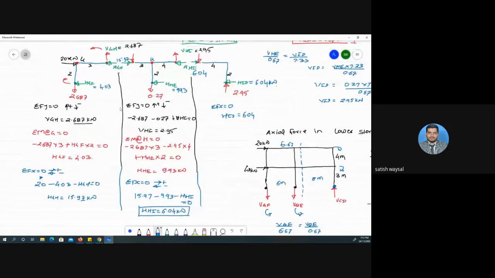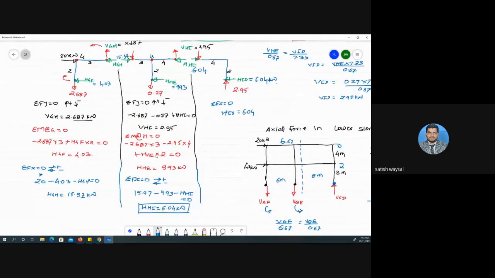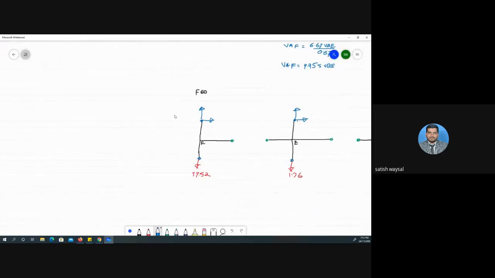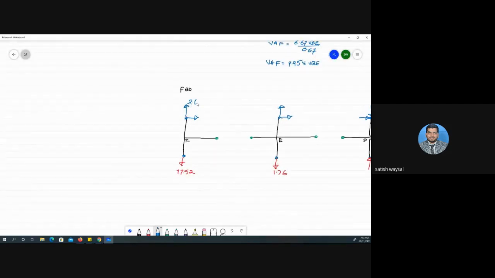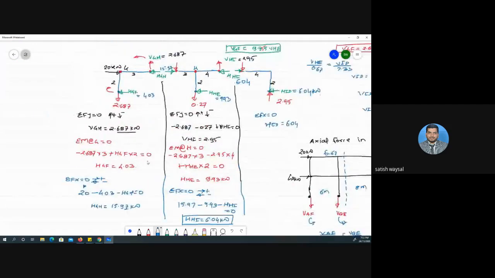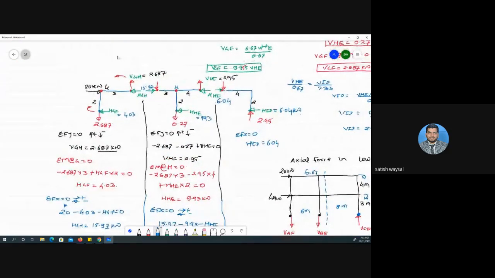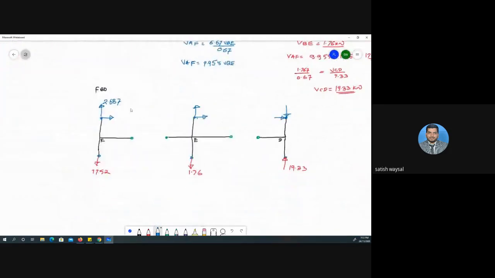One is the horizontal 15.97 and 2.687, and above force is 15.97.